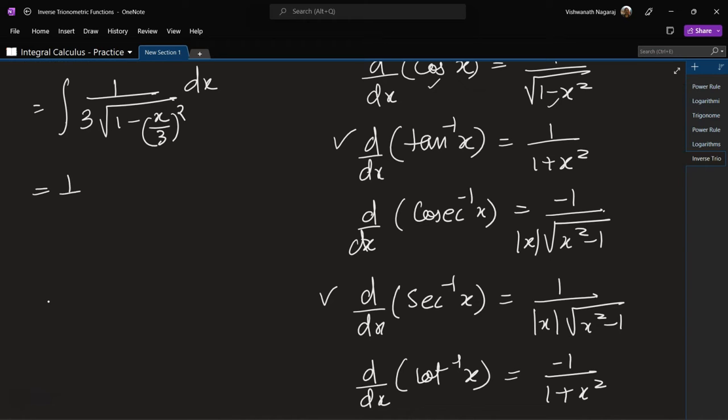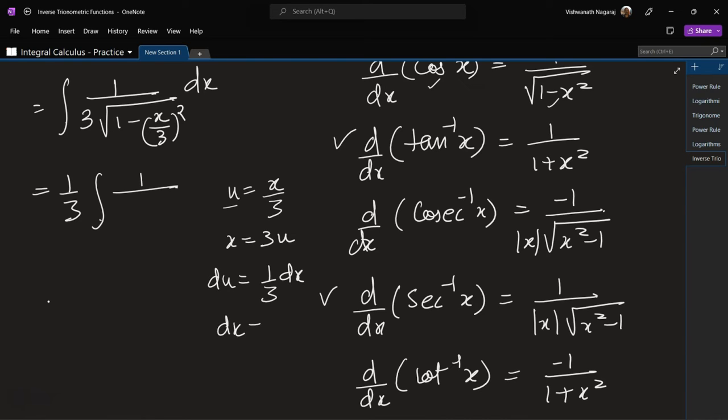Now, this 1 by 3 can be taken out, and you can do it by substitution, by saying u is equal to x by 3. That means x will be 3u. If we differentiate u equal to x by 3, we get du is equal to 1 by 3 dx, which means dx is equal to 3 du.